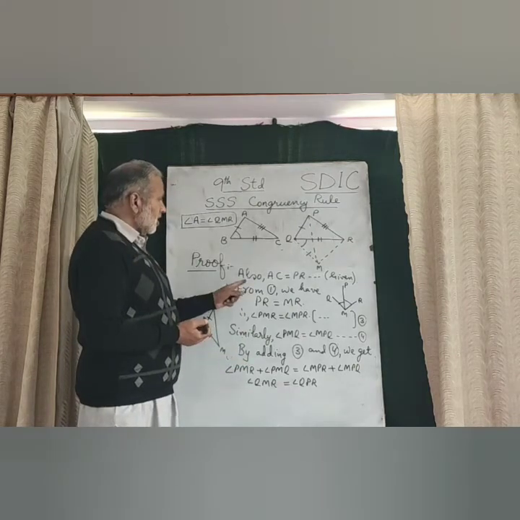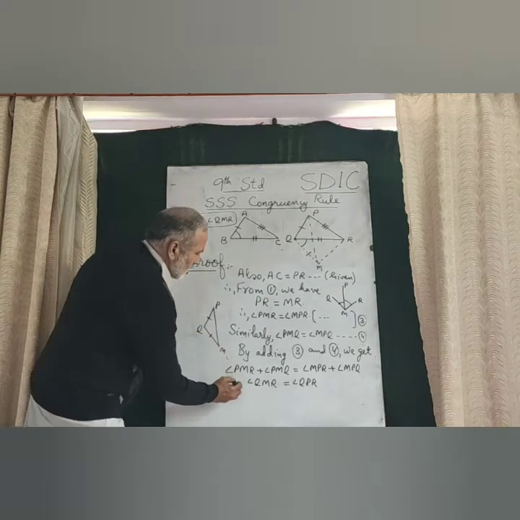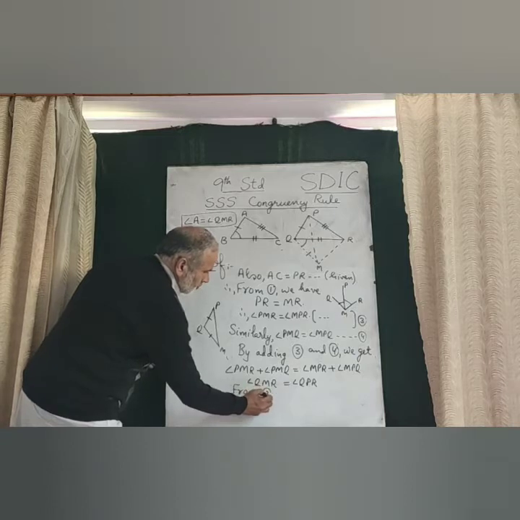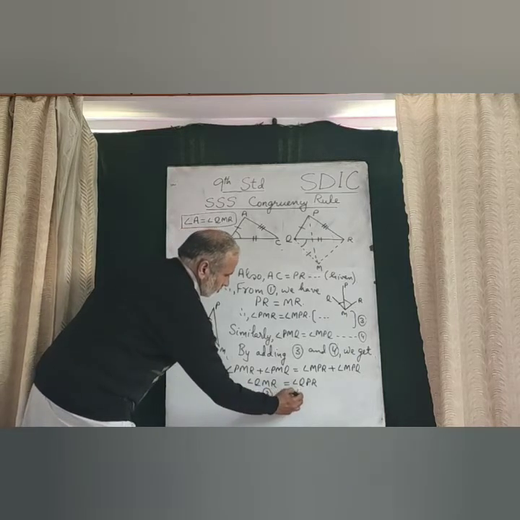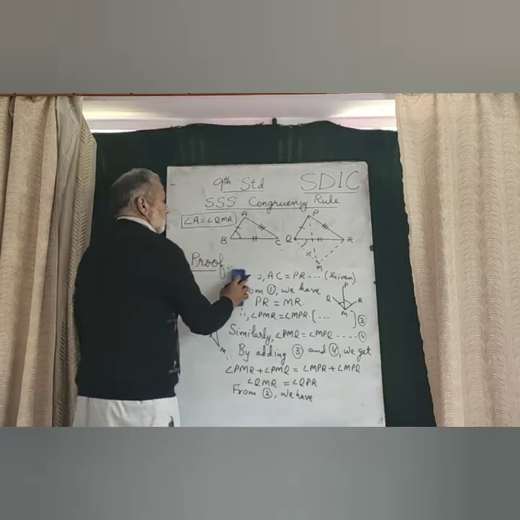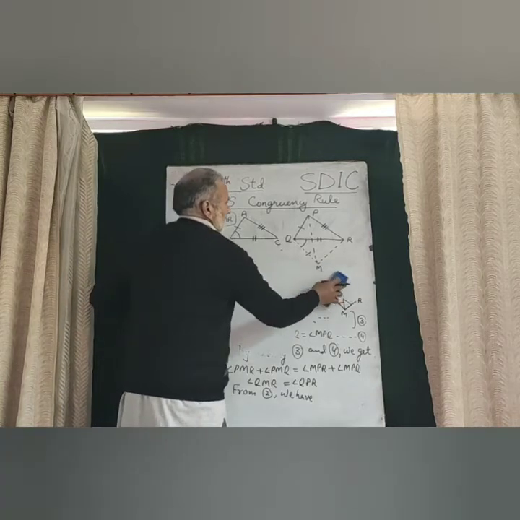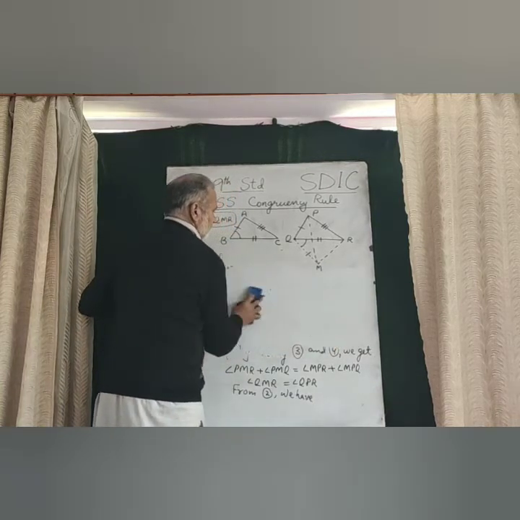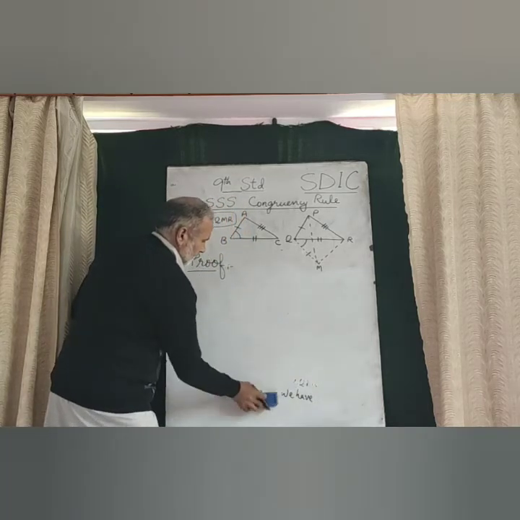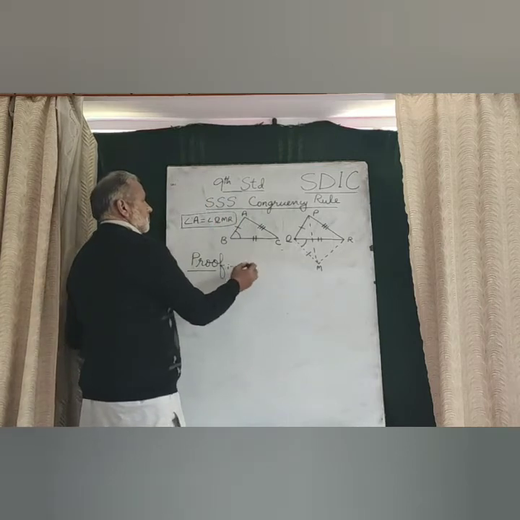Things which are equal to the same thing are equal to one another. So earlier we wrote from 1 we have, now we'll write from 2 we have. So what will we have from 2?